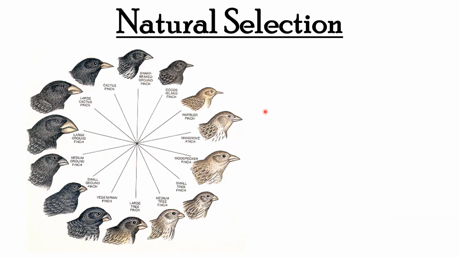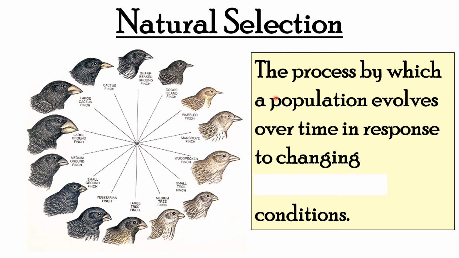So natural selection is the process by which a population evolves over time in response to changing environmental conditions. All of these finches at one point in time had a common ancestor. The reason we've got finches here is because Charles Darwin, who came up with a lot of the original groundwork on evolution and natural selection, studied them.